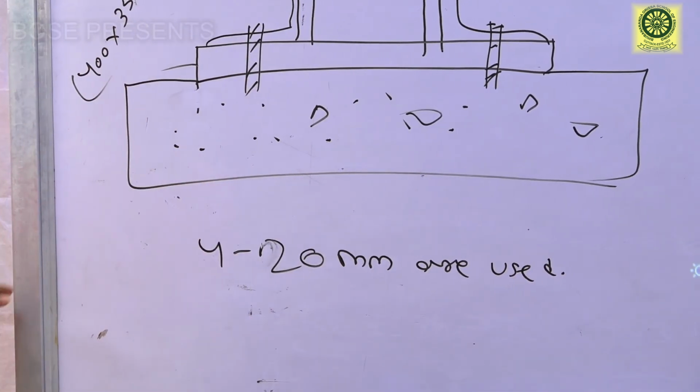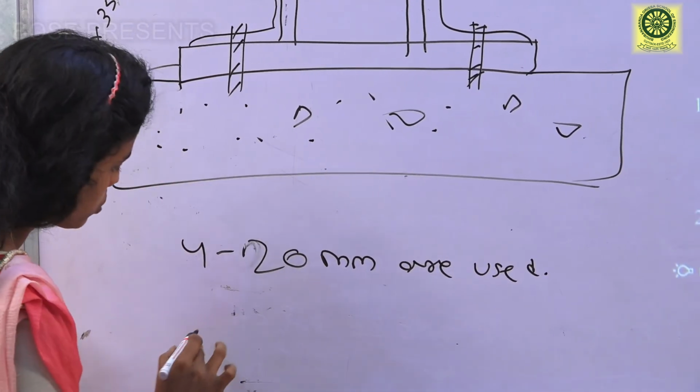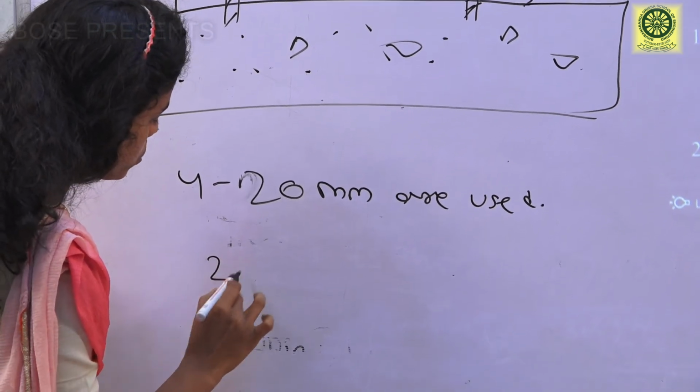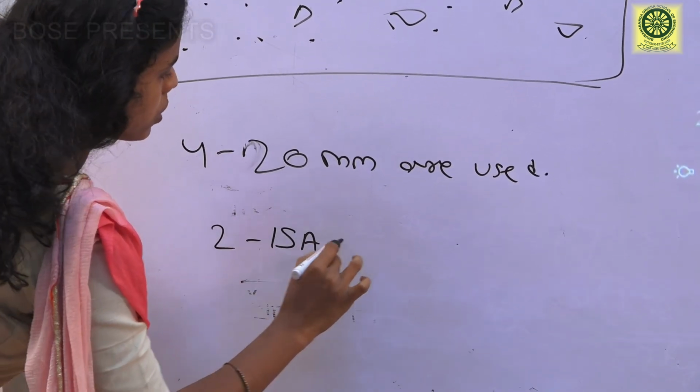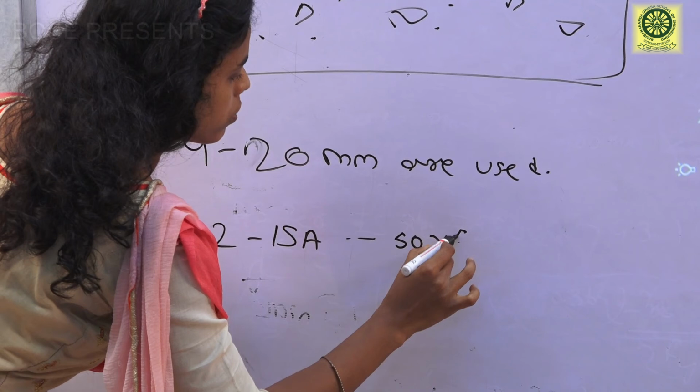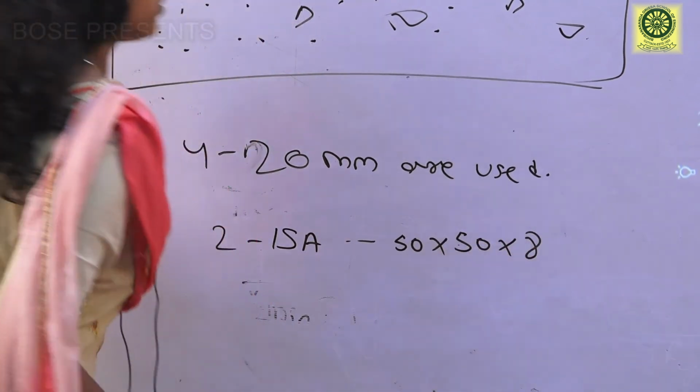And for the angle section you can assume any angle. Here I assume the angle section of 2 ISA 50 into 50 into 8.